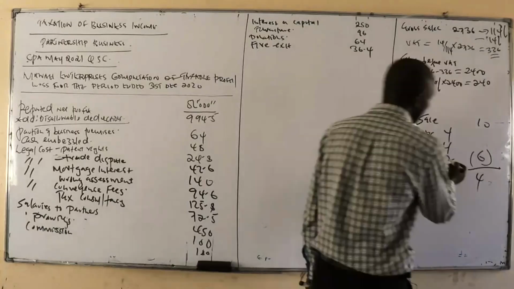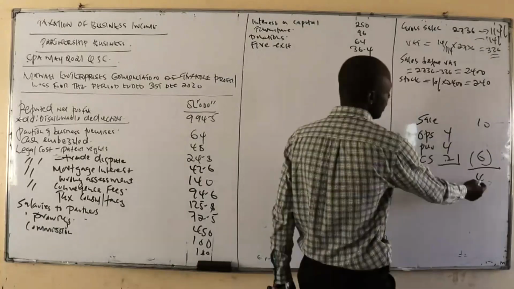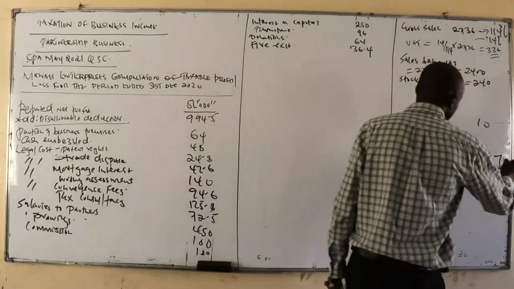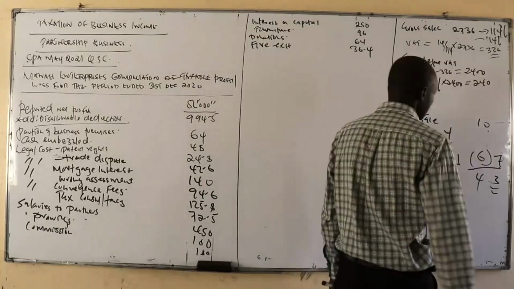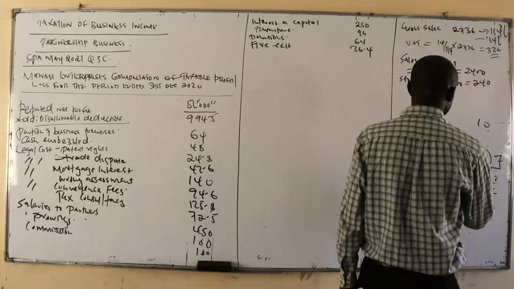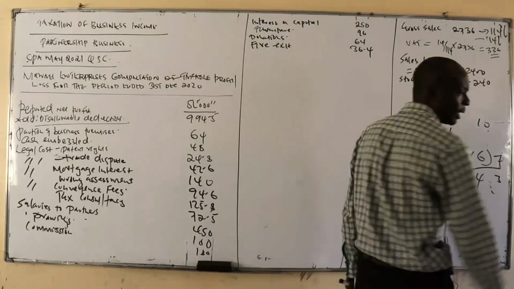So now let us overstate this one by any digit, maybe 1. We want to see the effect here. So 4 plus 4, 8, minus 1, 7. 10 minus 7, so this is going to be 3.